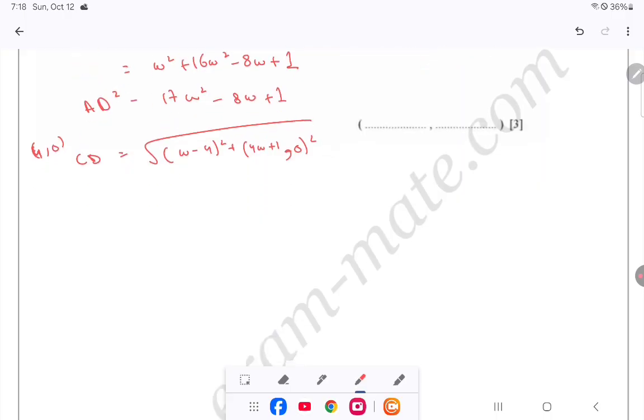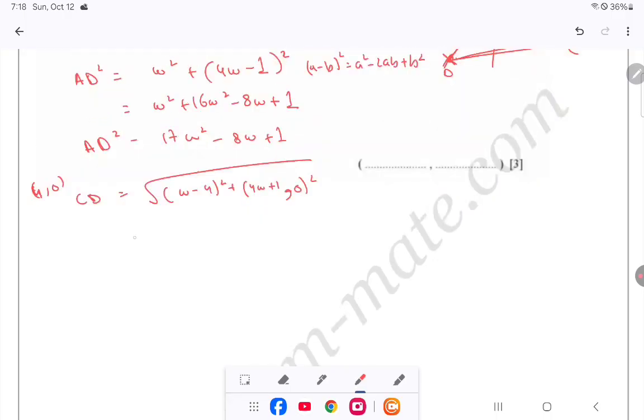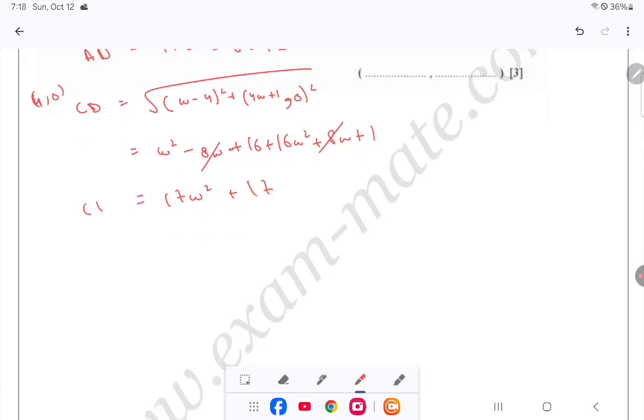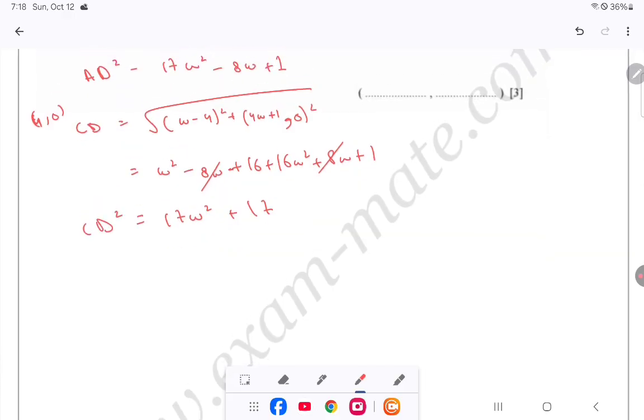Solve it further. w squared minus 8w plus 16 plus 16w squared plus 8w plus 1. The positive and negative 8w will cancel out each other, and 16 plus 1 is 17, so 17w squared plus 17. This is our CD squared, because we are taking the square on both sides to remove the square root.